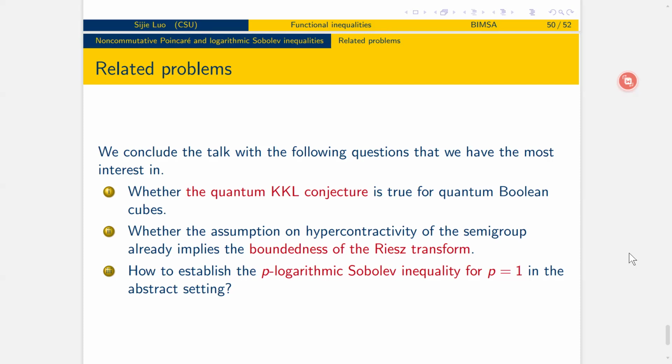And second, the boundedness of the Riesz transform for p equal to 1 fails, because the Riesz transform is not bounded on L1. It's bounded from L1 to weak L1. So we would like to know what kind of conditions on the semigroup could ensure us to get p-log inequalities that take over the case when p becomes 1. And these are the 3 open questions that we consider most.